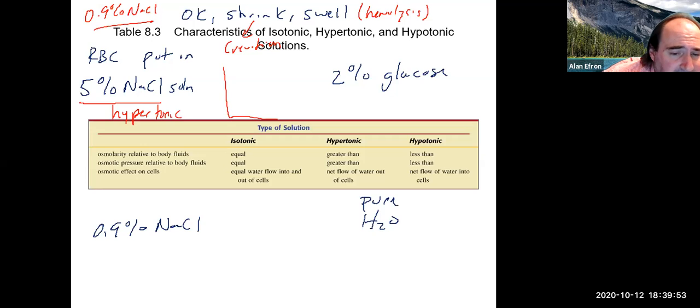And that means if we put our red blood cell into that solution, outside of the cell is more concentrated than inside the cell. So the water from our cell is going to rush out in order to try to dilute it. And that is going to cause the red blood cell to shrink and go through crenation in that particular case.